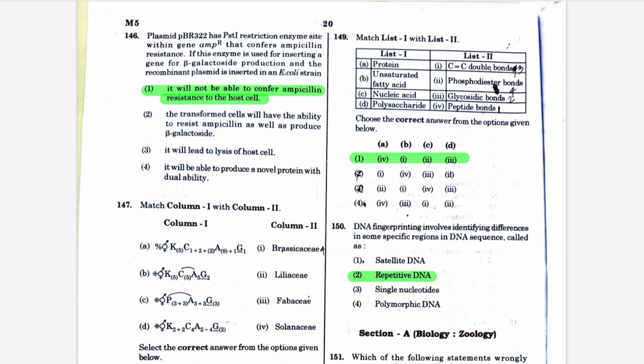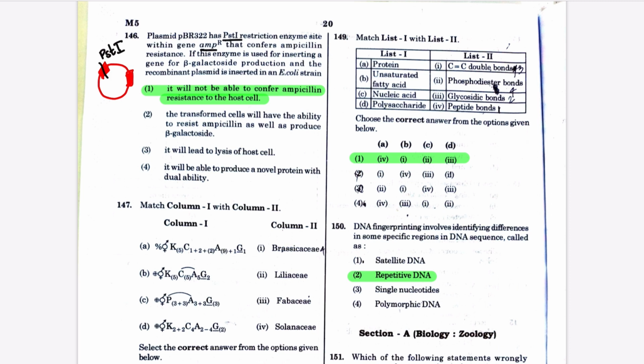So we know PBR322 is an artificial plasmid in which we have ampicillin resistance and tetracycline resistance genes. Together with that we have the ORI and ROP genes too. They have already told in the question that the ampicillin resistance gene has this restriction enzyme site. Somewhere here you have the restriction enzyme site.